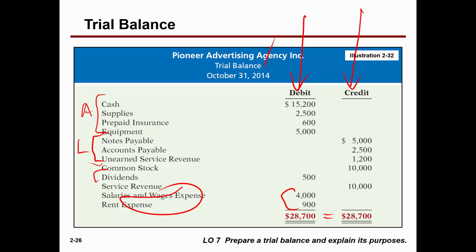Common stock, equity, right? And revenue type. All increase with credit, so they end up with credit balances. So the test here is to try to make sure you have equal debit balances and credit balances. And probably that indicates you're on the right track, but not necessarily that everything is error-free.